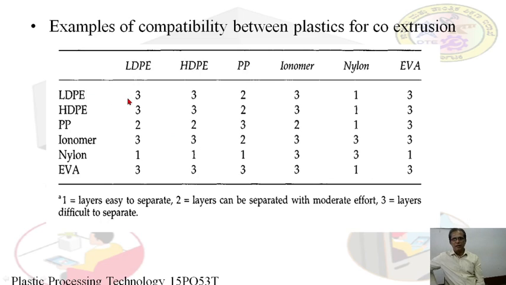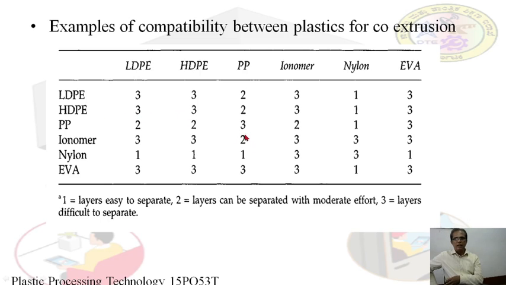See, LDPE is the best material for making multi-layer extrusion, co-extrusion, because it is number 3. So with 3, delaminating will not take place. Bonding will be excellent. That is why LDPE is the best. HDPE is also best.